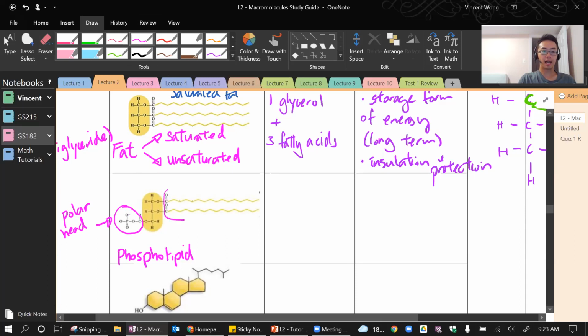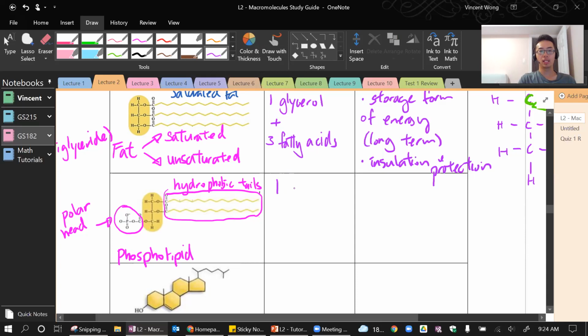And then we have the hydrophobic tails. So this part is water-loving, hydrophilic, and this part is hydrophobic. So it makes the molecule have 2 distinct properties on different ends, and that's going to be important when we talk about things like cell membranes.